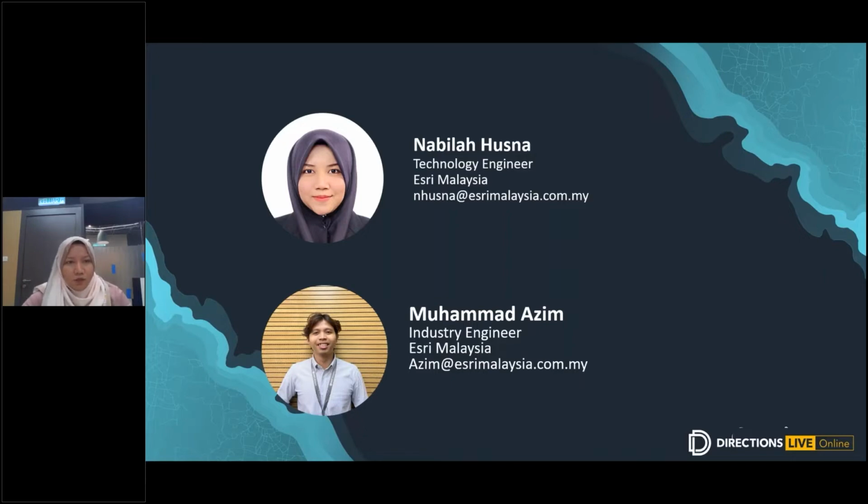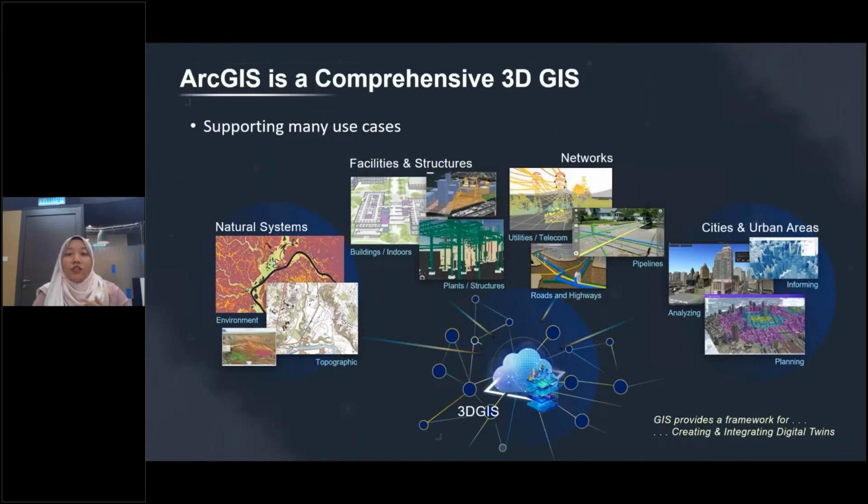Whenever we talk about ArcGIS Pro, most of our users nowadays are working with 2D data. But actually, ArcGIS Pro has extended its capability to work in a 3D platform.